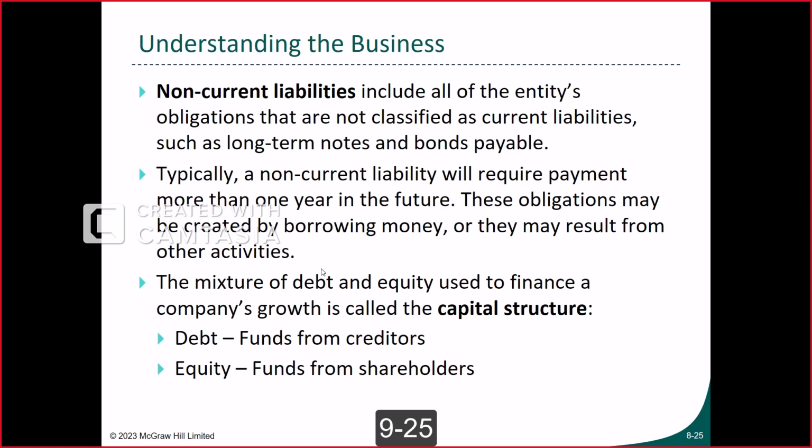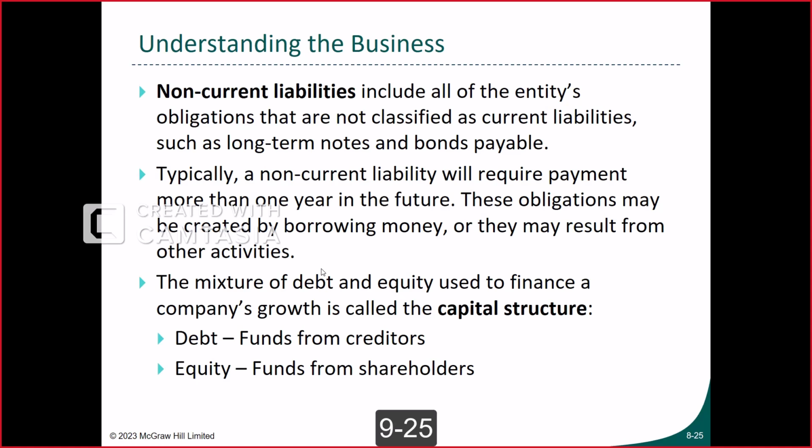Can someone remind us what are the three criteria for an obligation to be qualified as a liability? It should be a debt or an obligation resulting from a past transaction, and that will be settled in the future, either with assets or with rendering services.